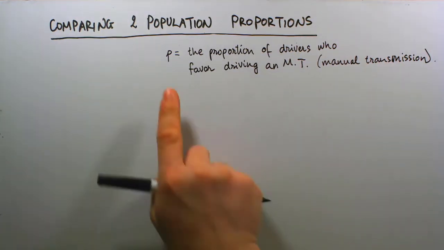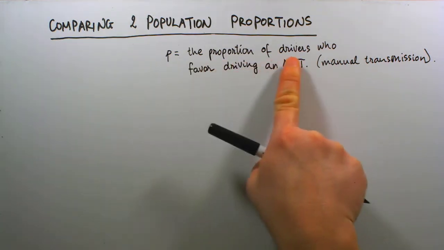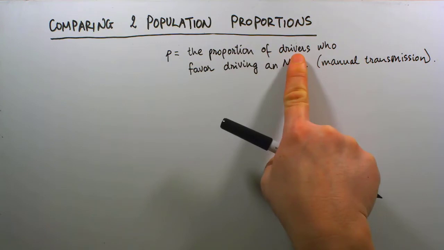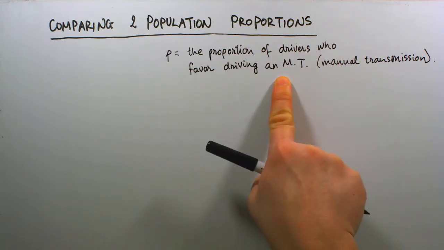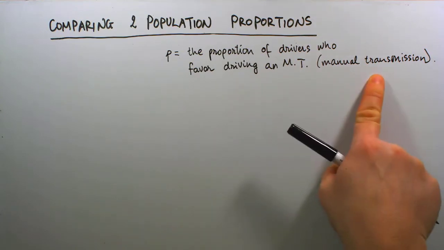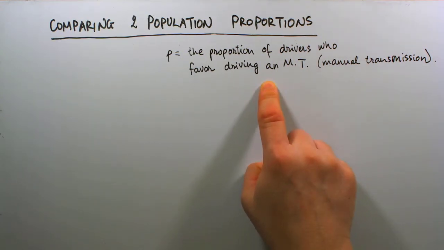And so clearly speaking, p now is the proportion, generally the proportion of drivers who favor driving an MT or a manual transmission. So that's the scenario that I would like to bring up.